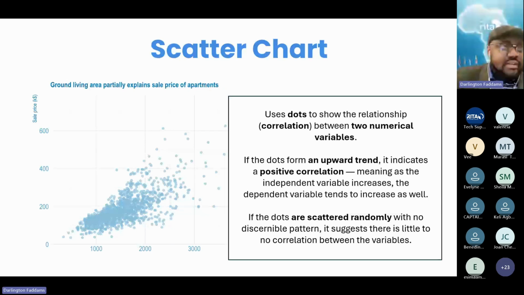If by looking at the data, you can tell that the actual dots indicate an upward trend, then you can say that there is a positive correlation. This means that as the independent variable increases, the dependent variable tends to increase as well.